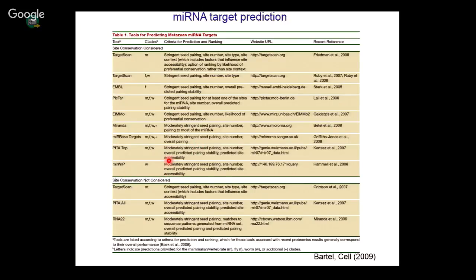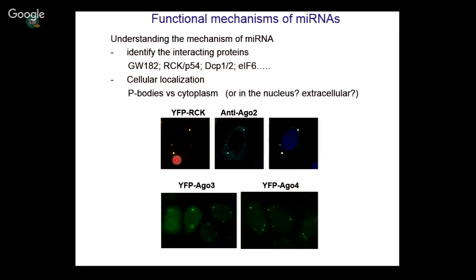All those databases have also been integrated in the miRBase website, supported by the Sanger Institute. It provides a lot of information on currently identified microRNAs, including from different species and all different variant forms.